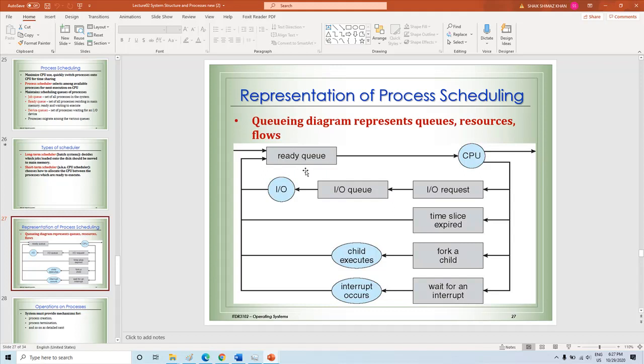That program is called the short term CPU scheduler. So, we are going to study that short term CPU scheduler in this lecture.